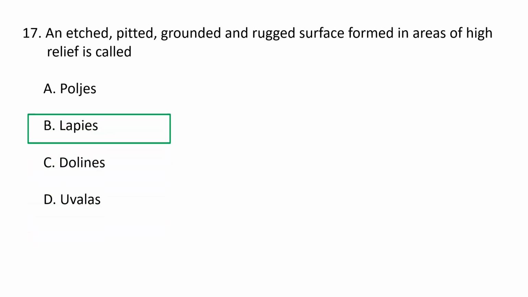Lapis are uneven grooves and ridges that form when the majority of the limestone surface is removed by solution processes. The deep grooves separate the etched, fluted, and pitted rock pinnacles that make up the weathered limestone surfaces seen in karst regions or limestone regions. So B, lapis, is the correct option.